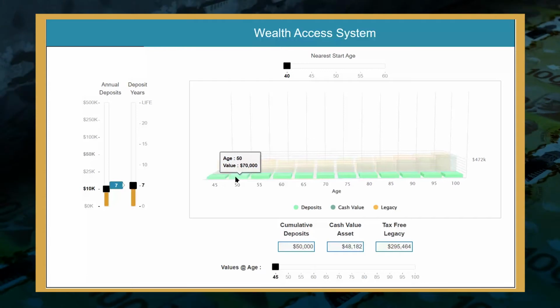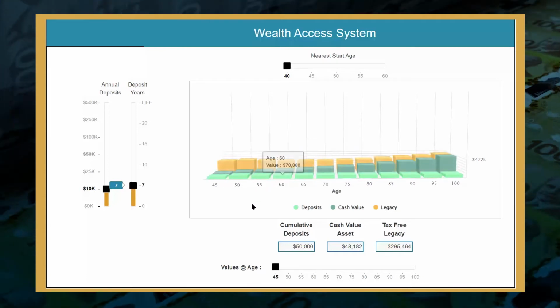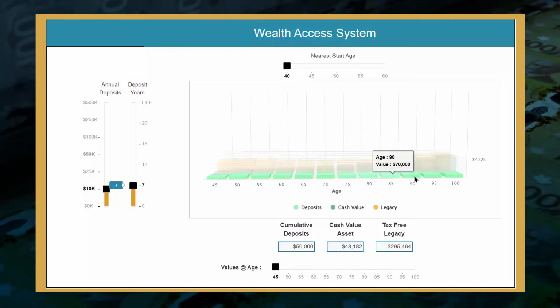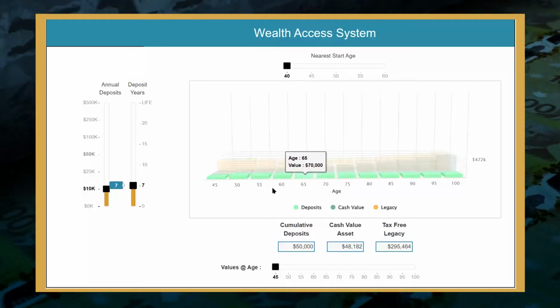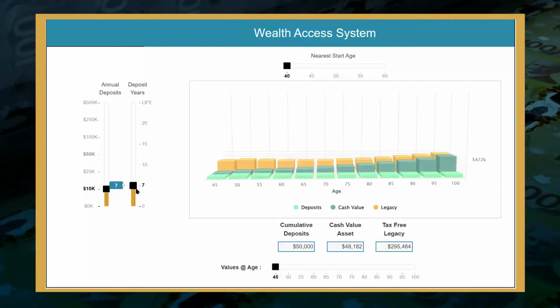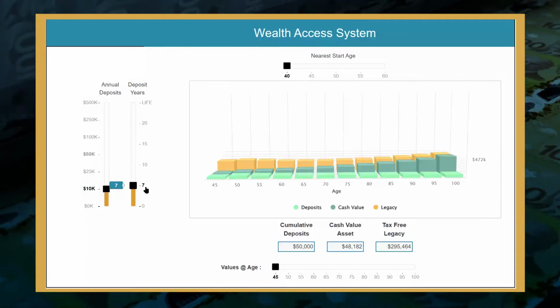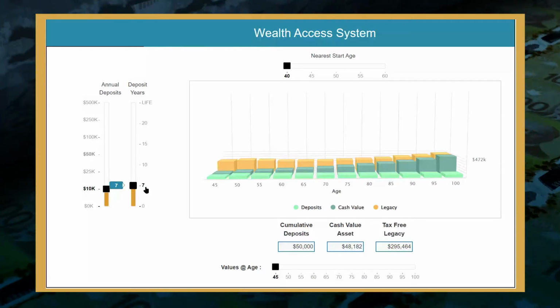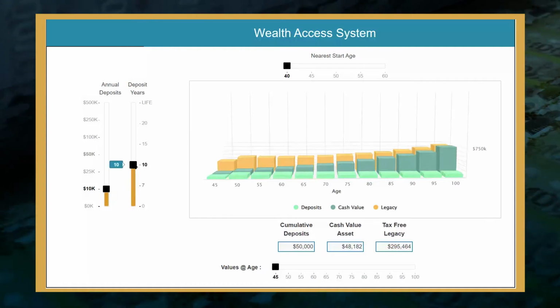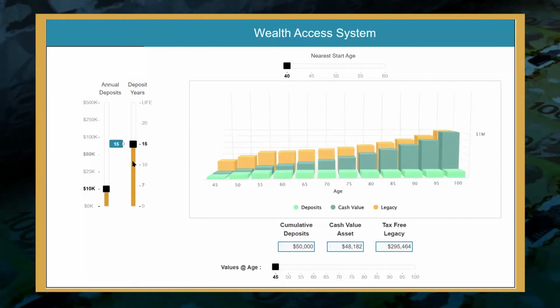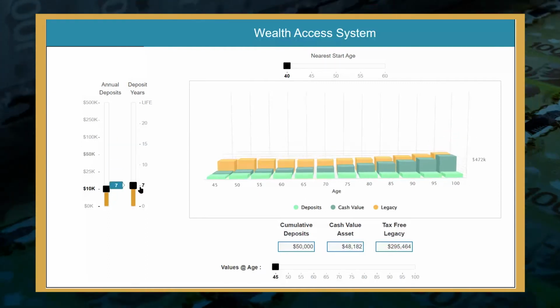And then that goes out to year 10 and so on and so forth. So this front section is our cumulative deposits, the maximum deposits. Well, if you only put money in for 7 years, 10 times 7 is $70,000. Nelson Nash would say that's some third grade arithmetic. And of course, you have the ability to keep putting more in. I can kind of show you how that looks, but we're going to get to that in a second.